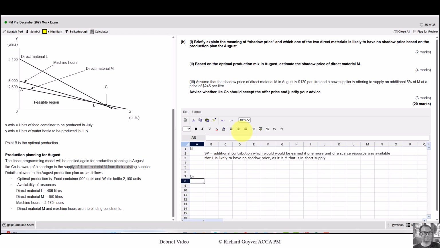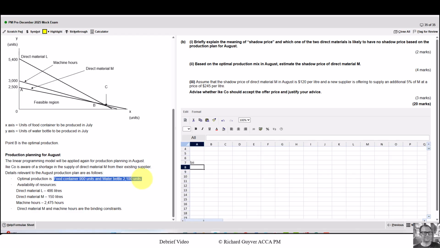B2, based on the optimum production mix in August, estimate the shadow price of direct material M. So we need to take the optimum production here, which is 900 units and 2,100 units. Actually, a bit of a giveaway. Part B pretty much gives you the answer, so B2, to the second part of B1.